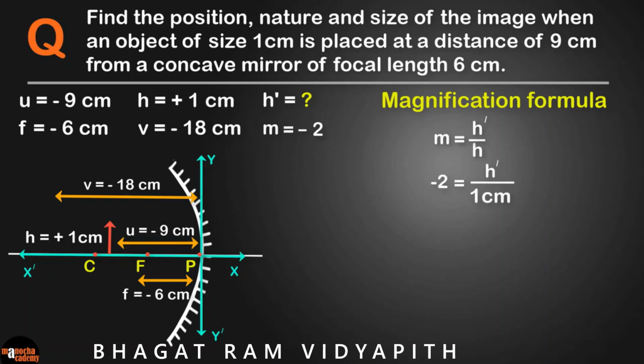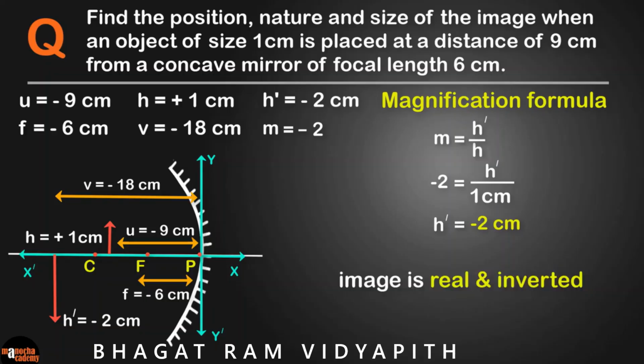Substituting m and h, we get image height h dash equal to minus 2 centimeters. So the image height is 2 centimeters and the minus sign tells us that the image is inverted. So the image is real and inverted and the image size is 2 centimeters.